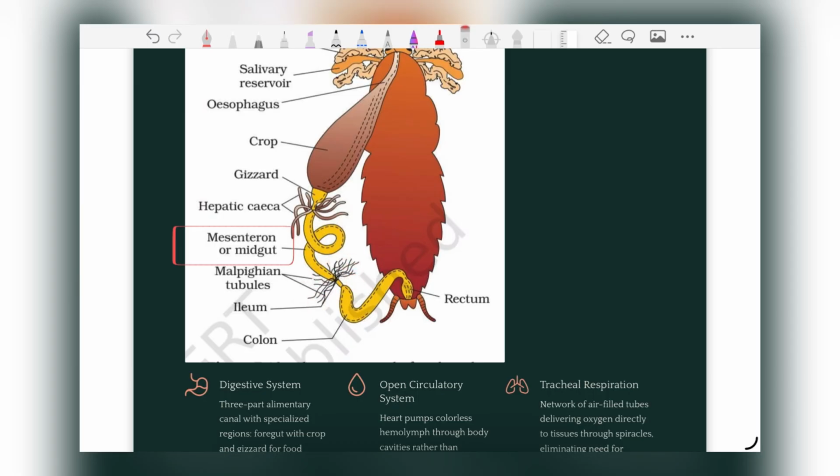This is the hepatic caecum. They will ask the location of the hepatic caecum: between the foregut and the midgut. Location of the Malpighian tubules: between the hindgut and the midgut. So you have to learn the location of these structures.